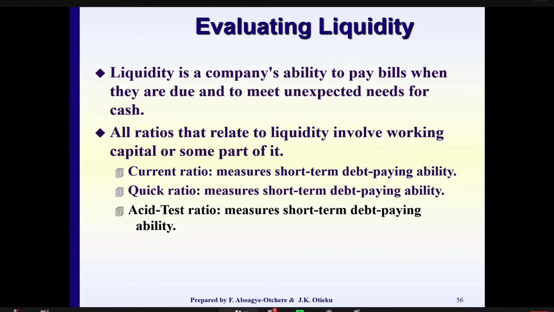So there are two main considerations. Liquidity of the asset has to do with ability to convert it to cash. So if you look at the current assets, some of them are very easy to convert to cash. Some of them are cash, and some of them are very easy to convert to cash. For others, it is difficult.